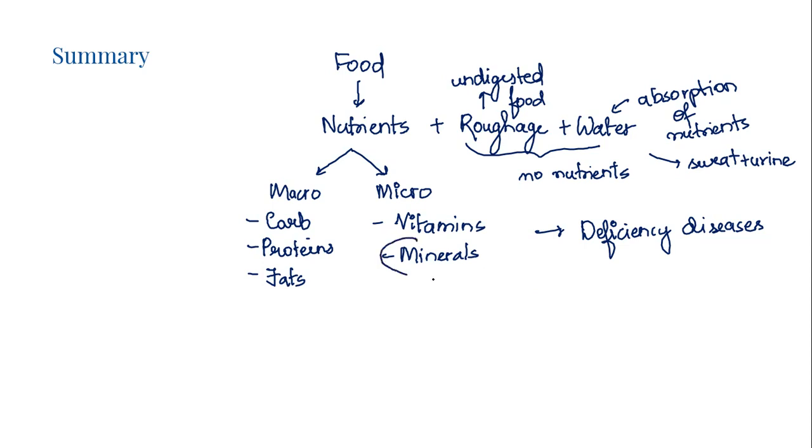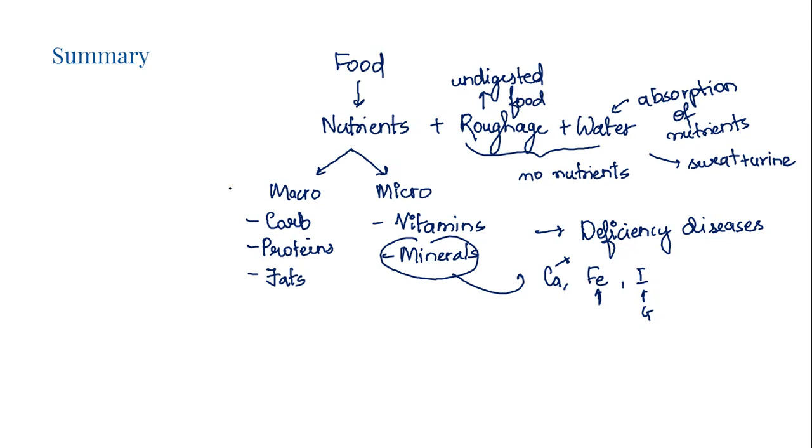We have also talked about deficiency diseases associated with minerals. Calcium is very important, and its deficiency leads to bone diseases; bones become weak. The deficiency of iron will result in anemia, and the deficiency of iodine will result in a disease called goiter. So these are the deficiency diseases.